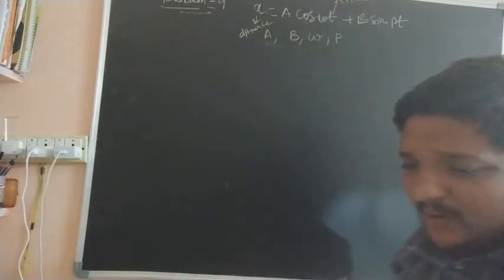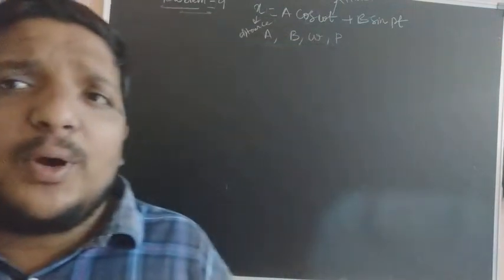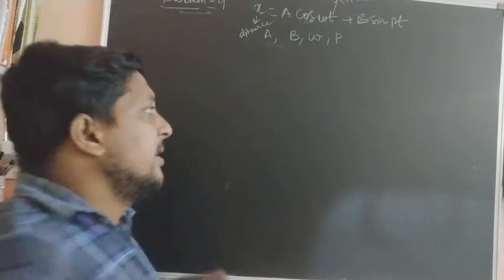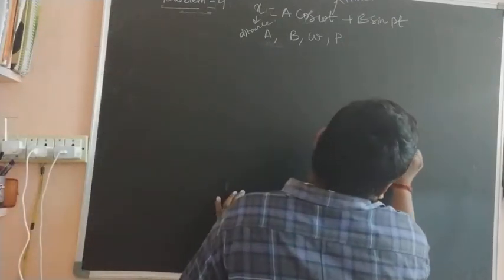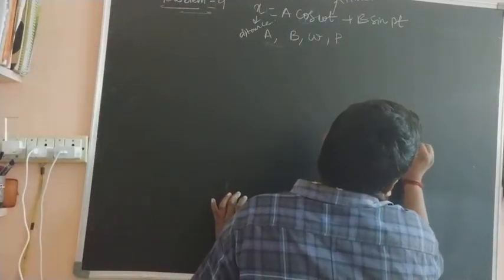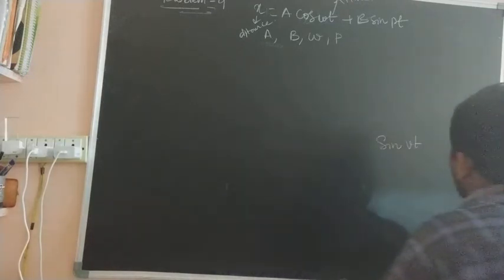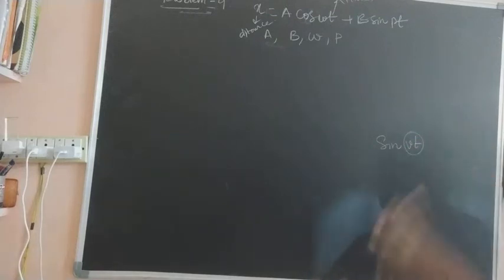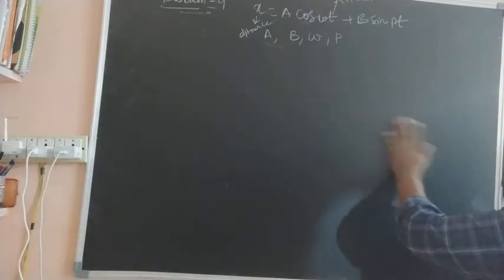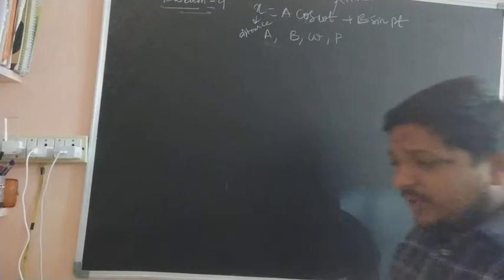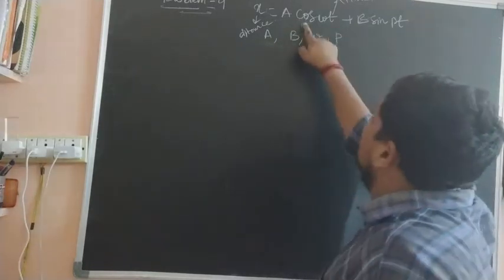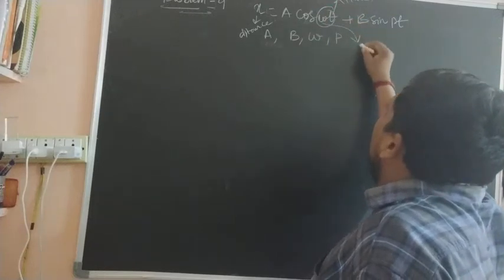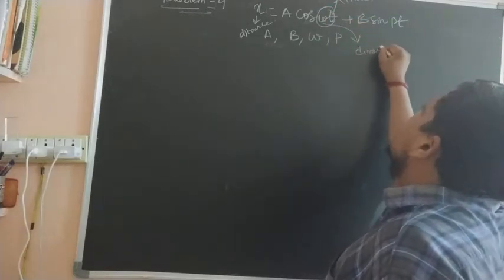You need to remember one thing: any physical quantity which is aligned with an angle, like sin(ωt), then what happens? The multiplication becomes a numerical value. It doesn't consist of any unit. Any physical quantity related with a sine or cosine angle has a dimensionless dimension.